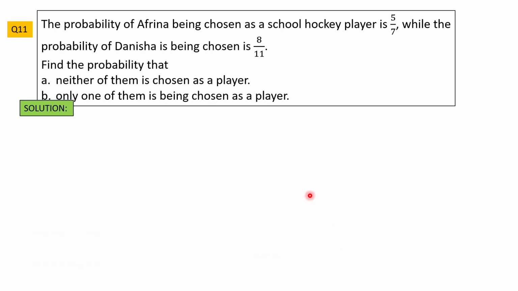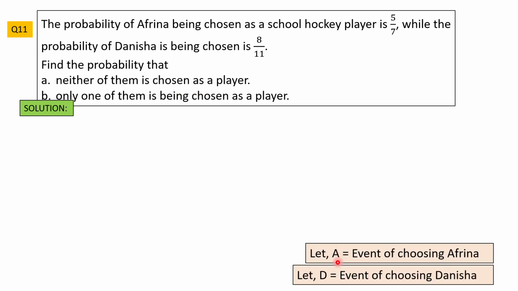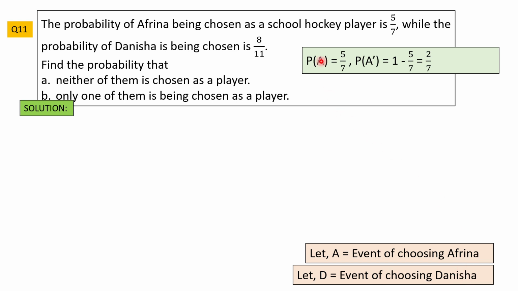The probability of Afrina being chosen as a school hockey player is 5 over 7, while the probability of Danisha being chosen is 8 over 11. Find the probability that neither of them is chosen as a player. First we define the events. A is choosing Afrina, D is choosing Danisha. Probability A is given as 5 over 7.